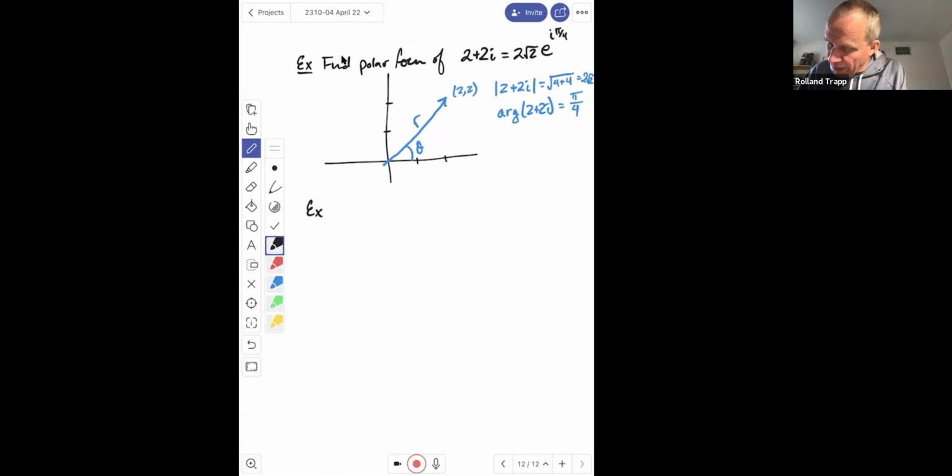So we have these two ways of writing complex numbers. One is in polar form and the other is Cartesian. And you should be able to go back and forth, find the Cartesian form of, say, 3e to the i pi.